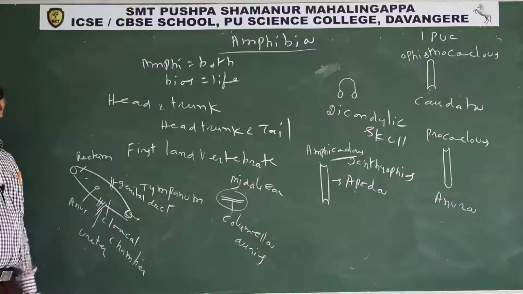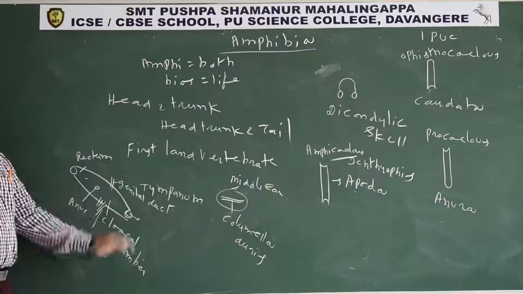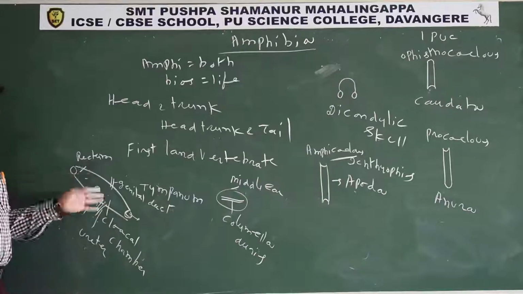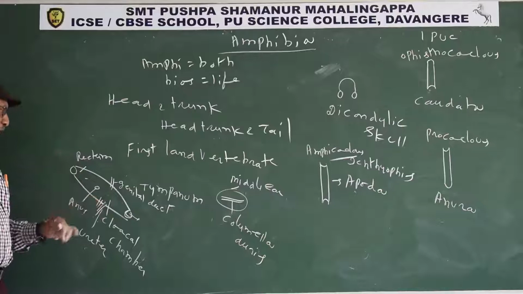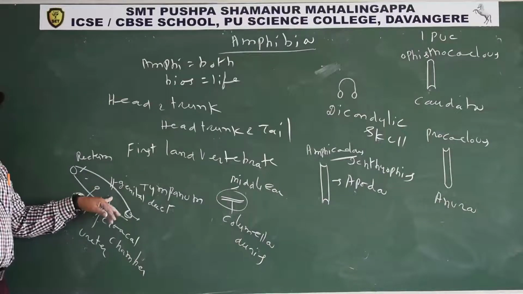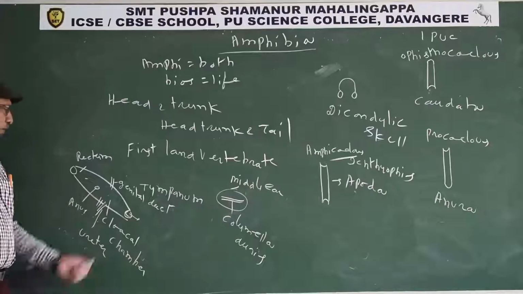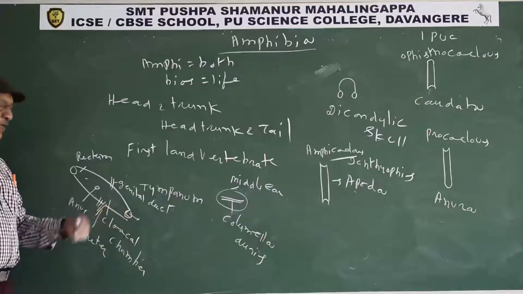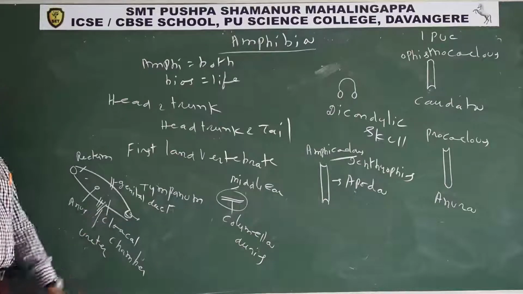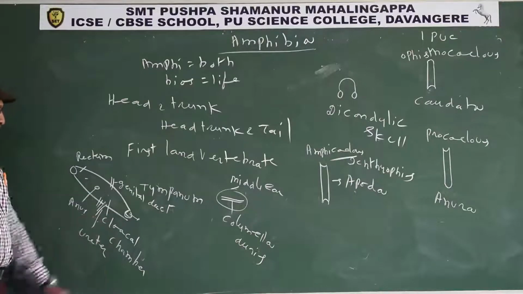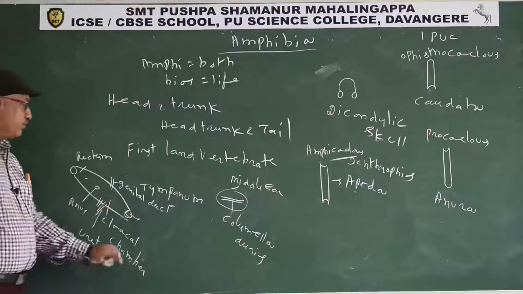So in amphibia, alimentary canal, genital ducts and ureters open into cloacal chamber. Cloacal chamber finally opens out through cloacal aperture. Cloacal aperture is the common passage for fecal matter, urine and genital matter.